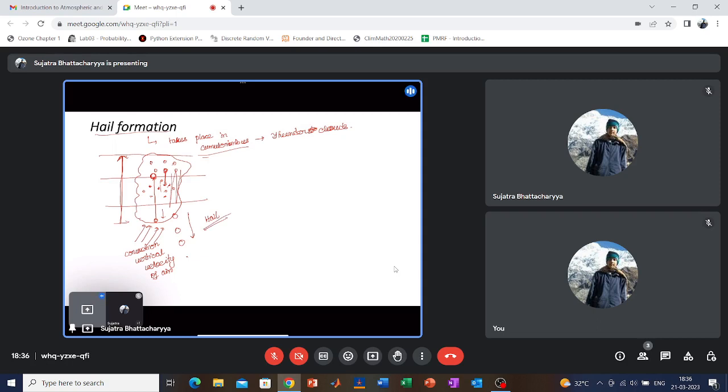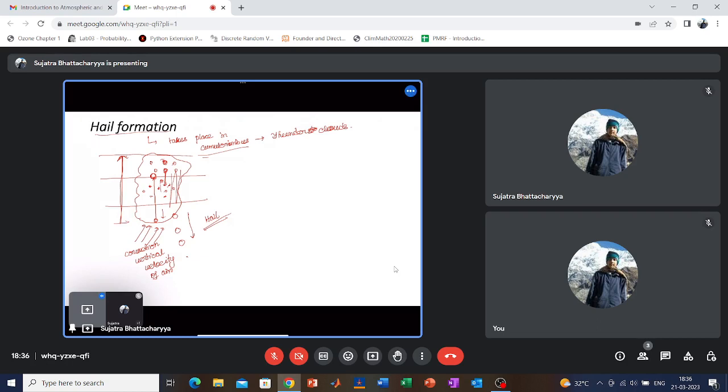So what is happening? At a very large altitude, you have an ice crystal. Now these ice crystals become bigger and bigger because water droplets from the lower levels evaporate and condense on this particular ice crystal, and as a result it becomes a big rounded ice.